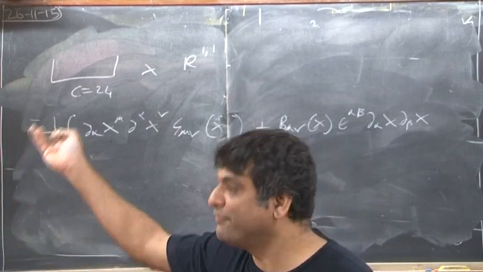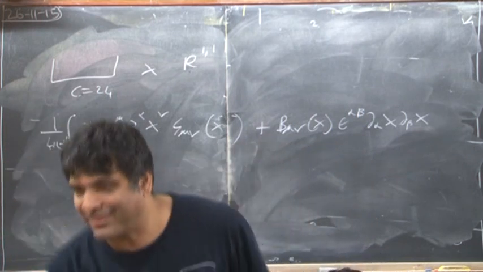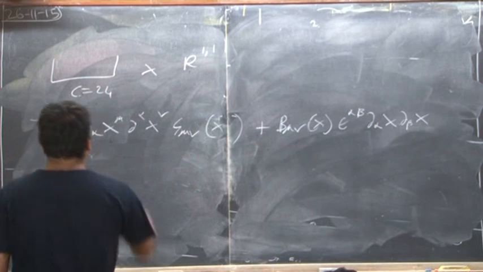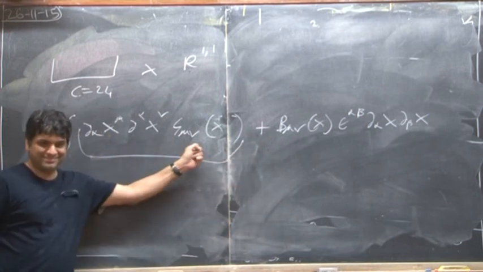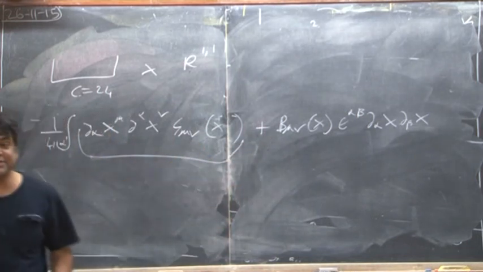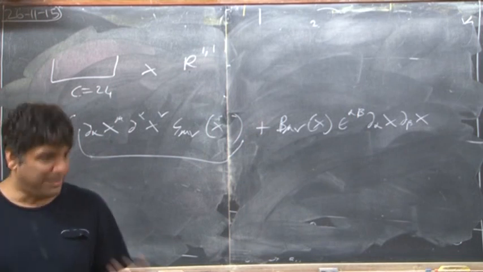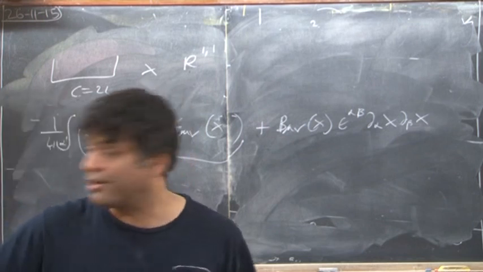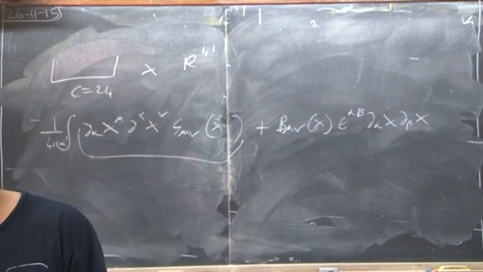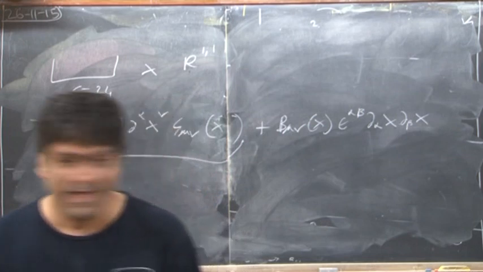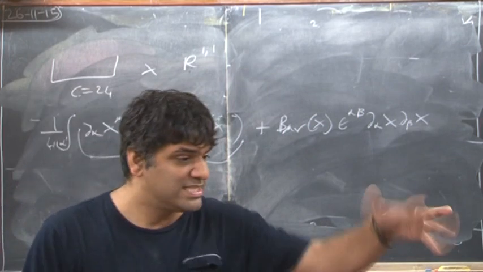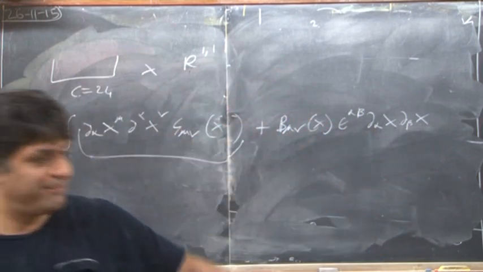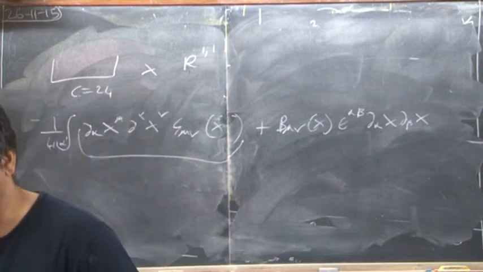So you can put any function of x, and that continues to be classically marginal. So 2 dimensions is very special. Dimensional analysis tells you that a sigma model in 2 dimensions has an infinite number of marginal operators. And because of that, the space of possible theories in 2 dimensions is actually infinite.